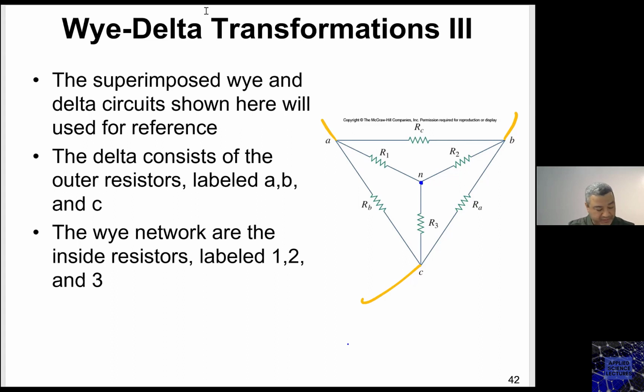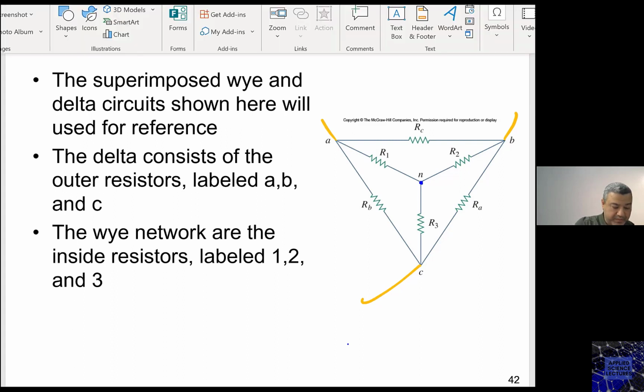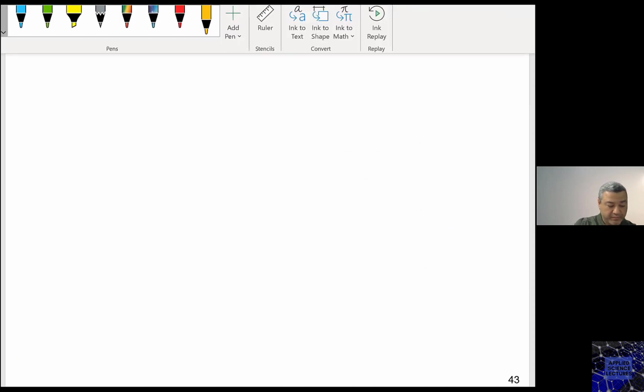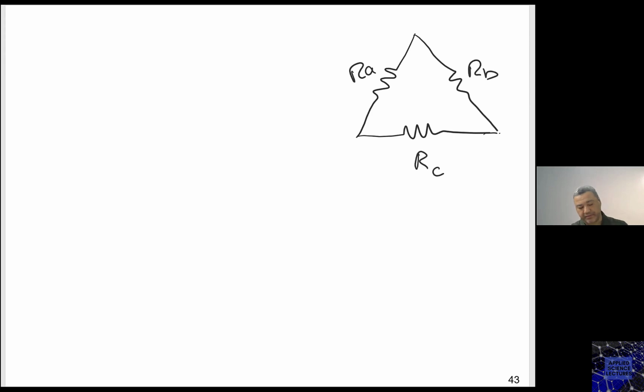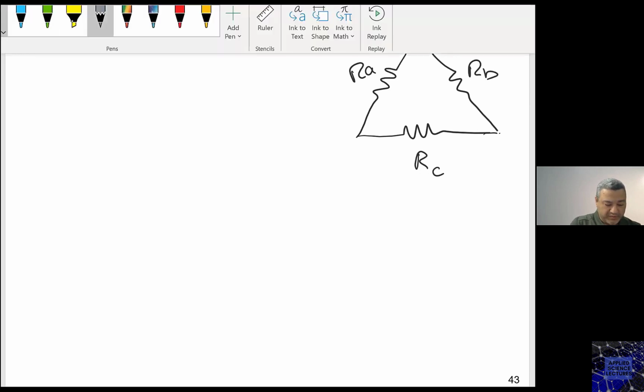If you have a circuit that is made of delta like this, and here let me call this one RA, RB, and RC. The procedure goes as follows.